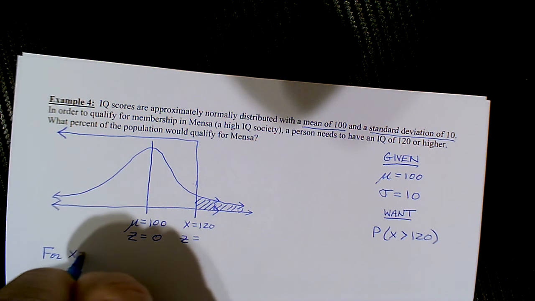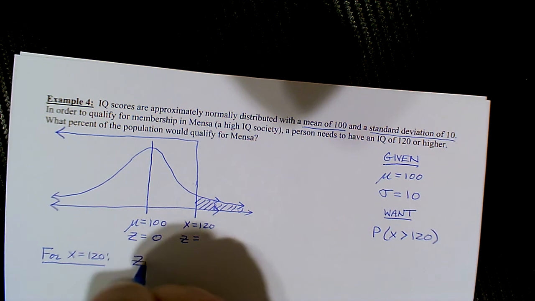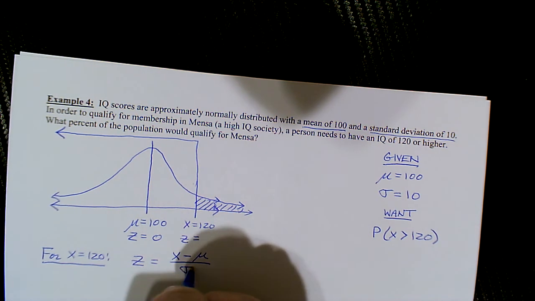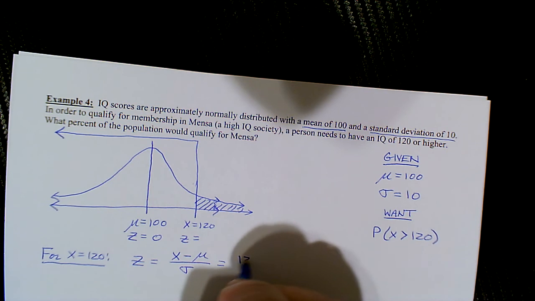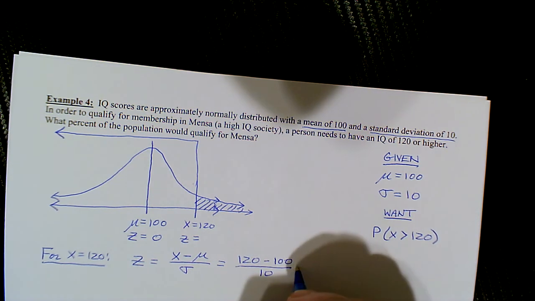But for x equals 120, we have, again, our z-score formula. Hopefully you've memorized it by now. X minus mu over sigma. 120 minus 100 over 10, we get 2.